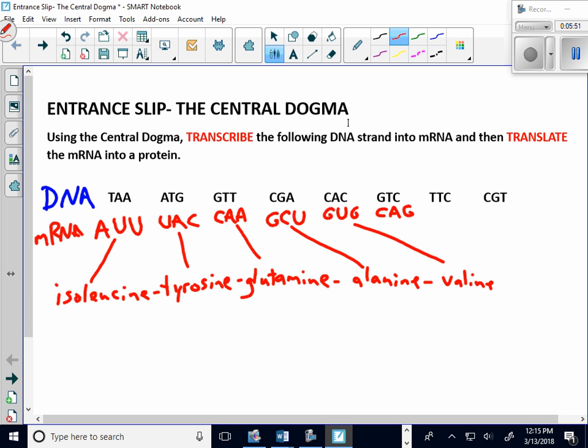Glutamine, we've already had that too, right? So that brings up a point right there that we had two different codons that coded for the same amino acid, right?